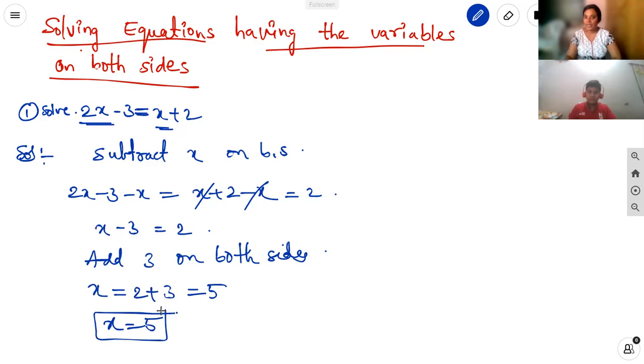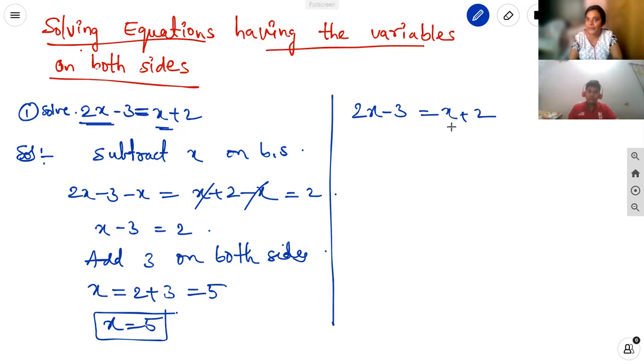We can use whichever is suitable: subtraction, addition, division, multiplication. The same equation can be solved by the transpose method. How is it? 2x minus 3 equal to x plus 2. Transposing means taking the x terms to one side and the constant terms to the other side. If x is on the right hand side and we take it to the left hand side, the sign will change.